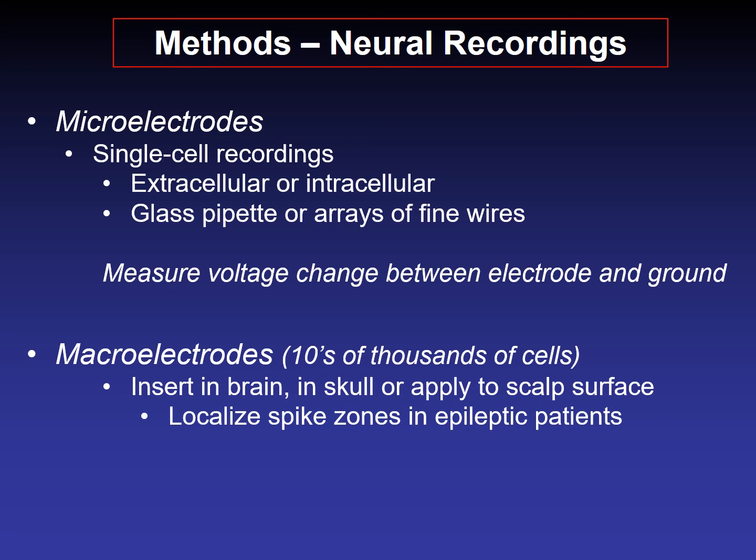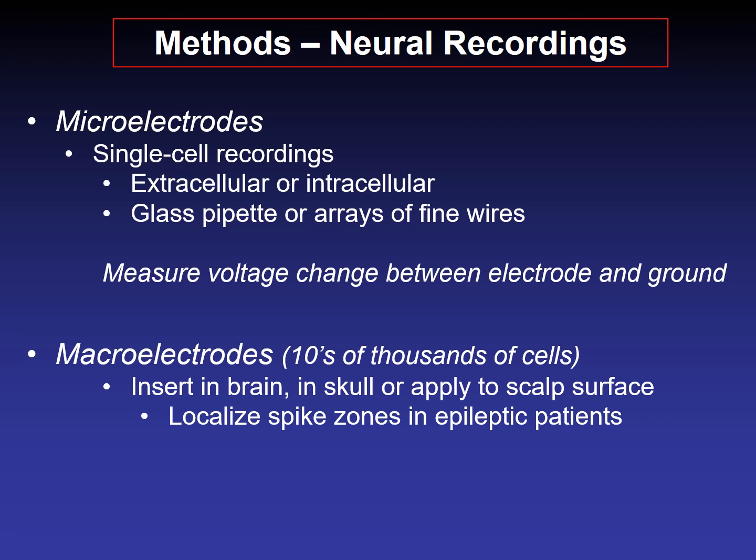In medicine, it's often used to localize spike zones in epileptic patients. Spike zones, what are those? Well, epilepsy usually involves a small area of brain tissue that is epileptic. And when a seizure starts, it starts in this epileptic tissue and then spreads from there. This small area is called a spike zone.